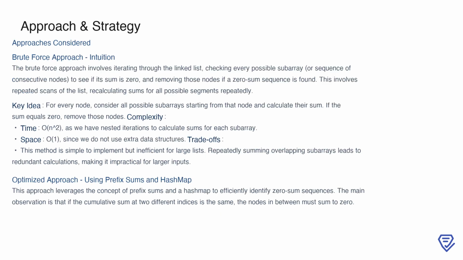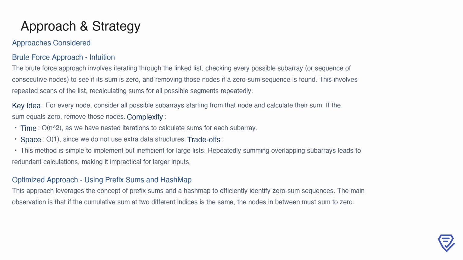When considering how to approach this problem, we can start with a brute force method. The intuition here is straightforward. For every node in the linked list, we check all possible subarrays or sequences of consecutive nodes starting from that node. We calculate the sum for each subarray and, if the sum equals 0, we remove the corresponding nodes. While this method is simple and requires no extra data structures, its major drawback is inefficiency.